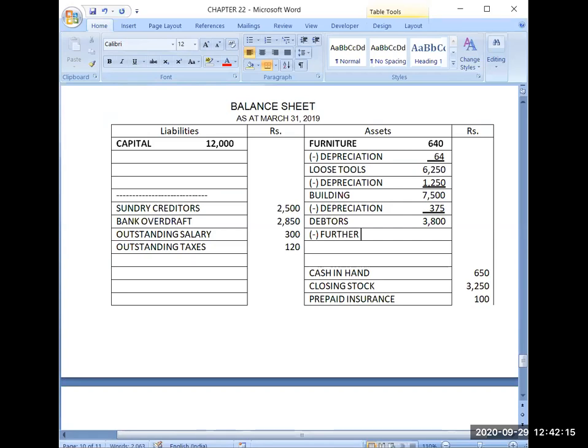Further bad debts. So my debtors will reduce. Then I have to make another adjustment in that. That's why I will write the amount here. $3,700.